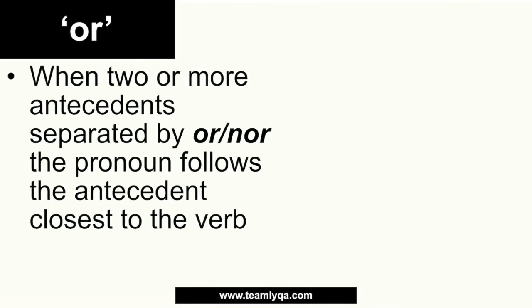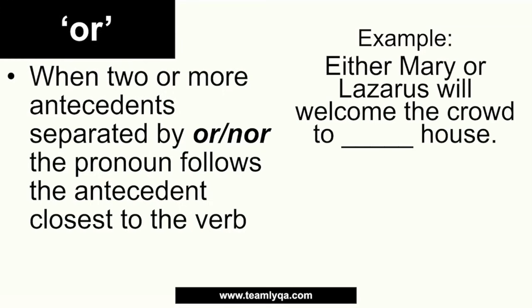Now, when two or more antecedents are separated by or nor, yung pronoun follows the antecedent closest to the verb. So, much like yung proximity rule natin sa subject-verb agreement, ganon din yung rule sa pronoun-antecedent agreement natin. Kung sino ang mas malapit, siya ang masusunod. Let's take an example like this. Sabi, first sentence natin, either Mary or Lazarus will welcome the crowd to blank house. Okay?